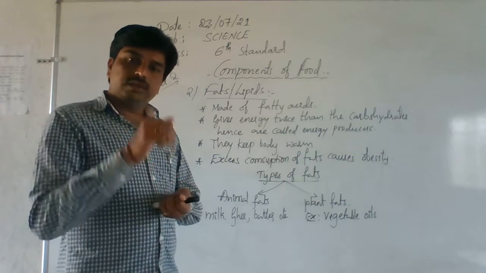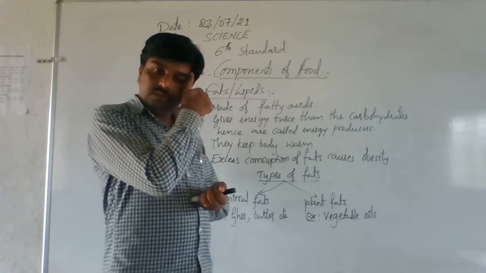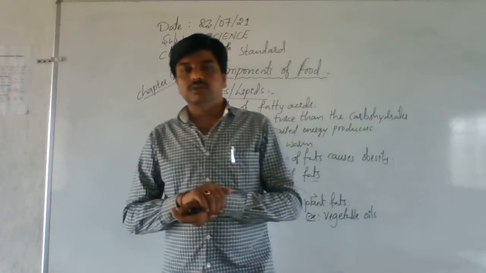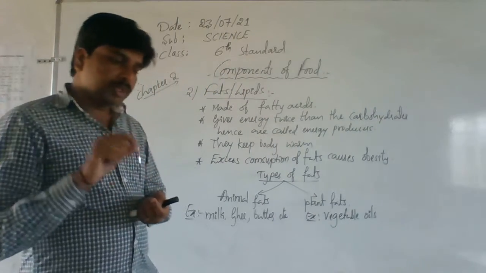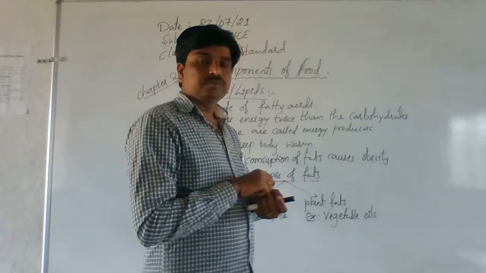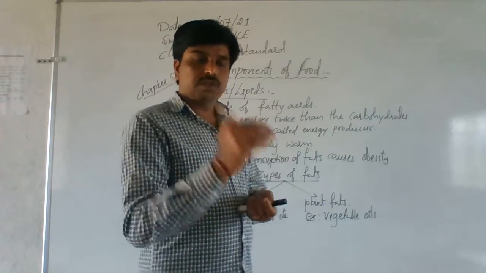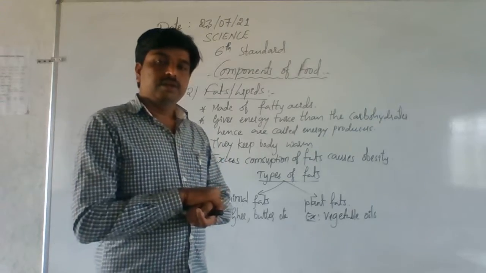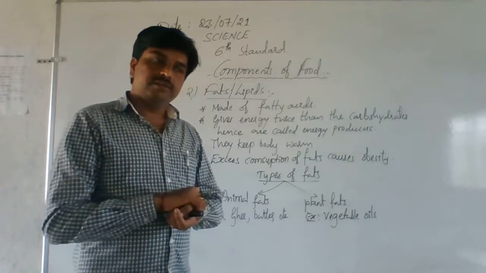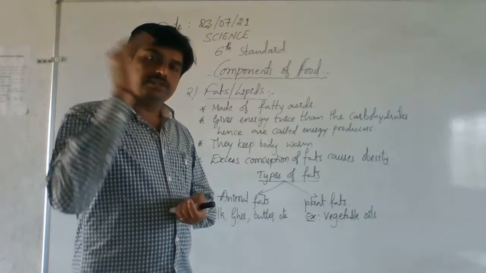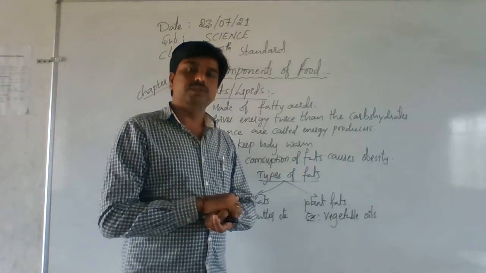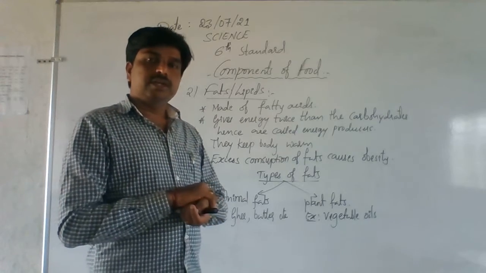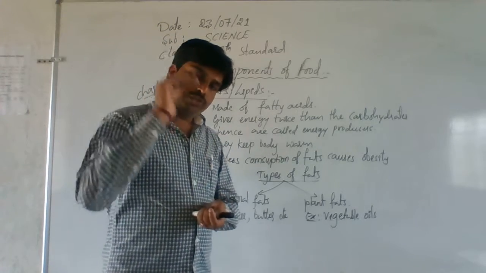In case of sugar, what do you use? Benedict solution. When you add a few drops of Benedict solution to the food sample, it turns different colors: green, yellowish, and brick red. If it turns brick red, that indicates the food is rich in sugar. If it turns yellow, it is medium rich in sugar.